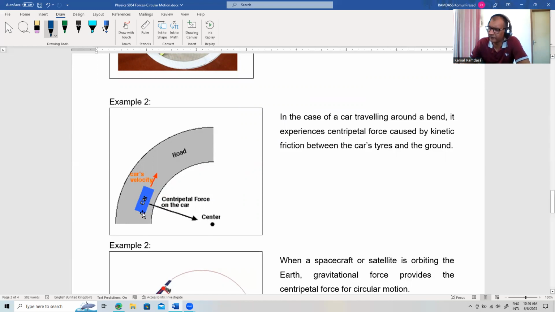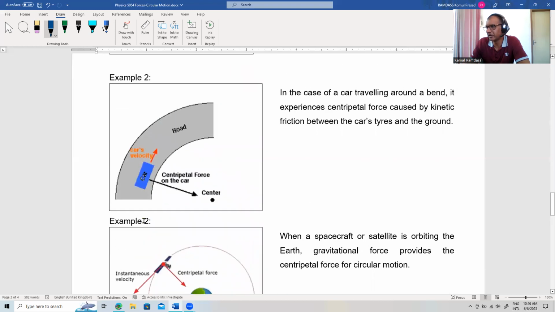Et quand il peut move around the bend, the car is experiencing a centripetal force toward the center of the circular path. Et sa centripetal force là, it is caused, dans ce cas-là, by kinetic friction, OK, ça veut dire dynamic friction between the car tires and the ground.